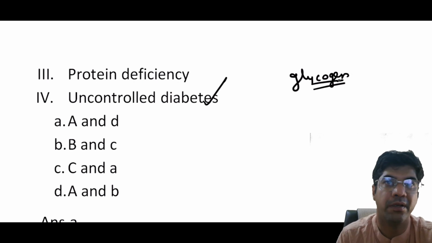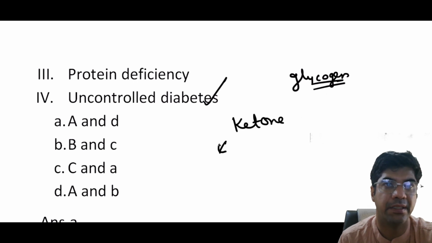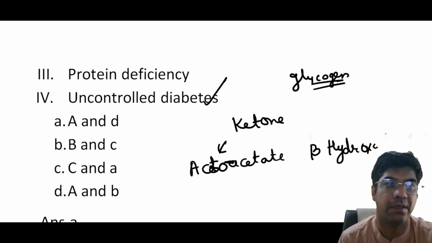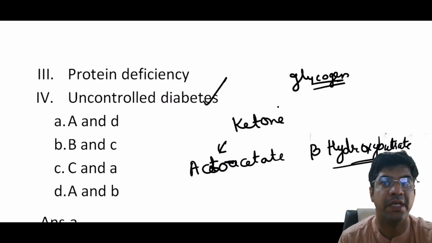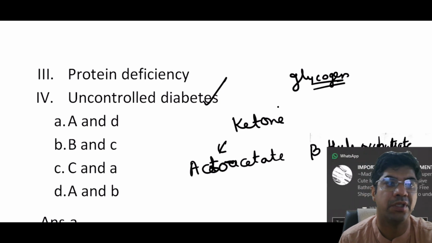That would lead to production of ketone bodies, that is acetoacetate and beta hydroxybutyrate, in the liver that are released into the bloodstream, and they are used as an alternative source by the various tissues including the brain.